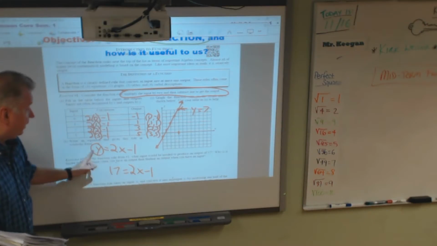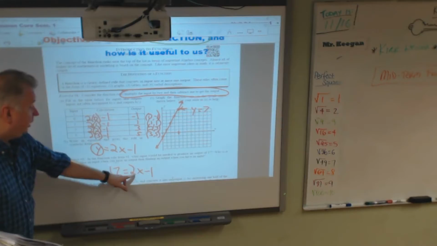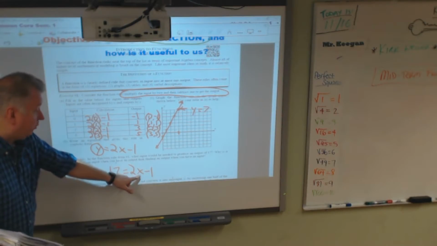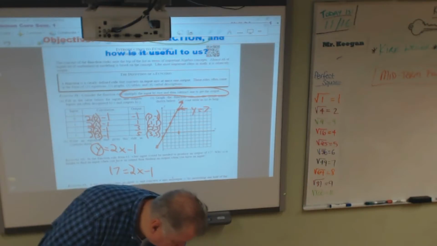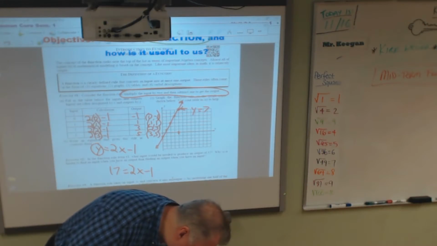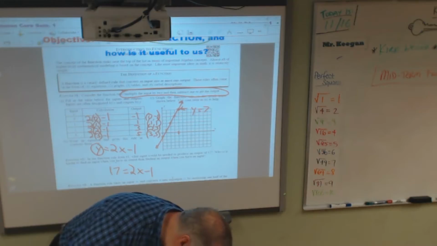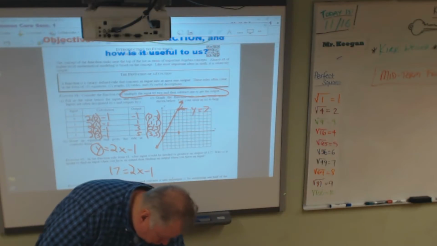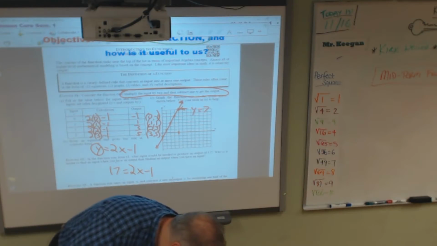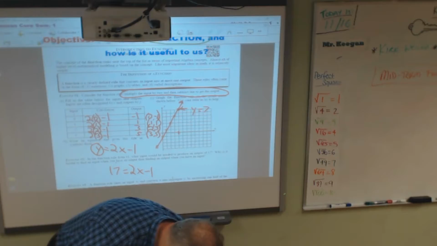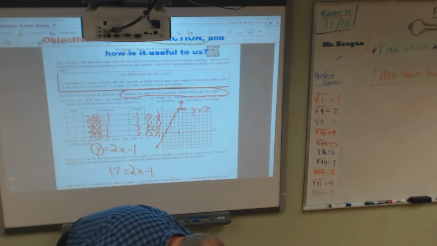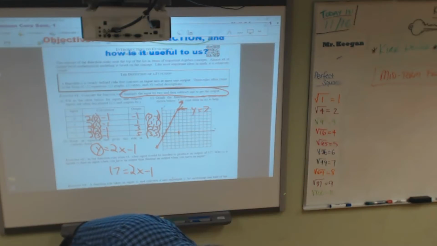You've got to put the 17 in for the y. So the output is 17. Just solve for x now. Get the x by itself. Not 8. You're close though. All right. 9 is correct. Good. 9 is winner, winner, chicken dinner.